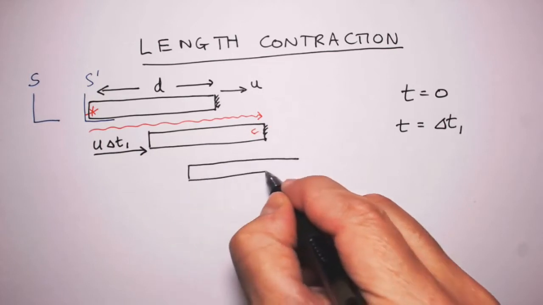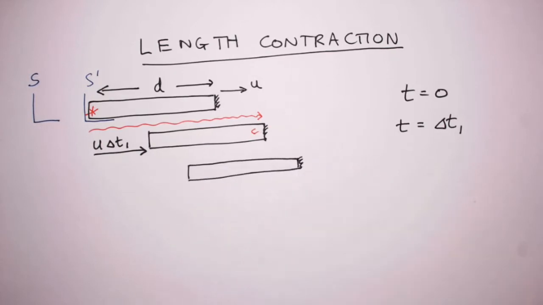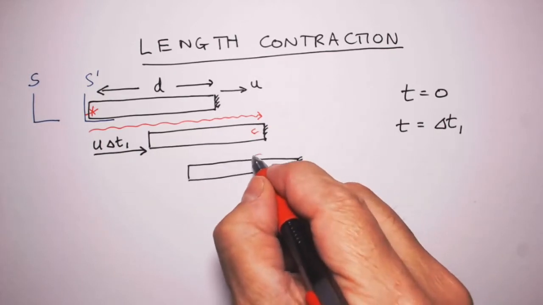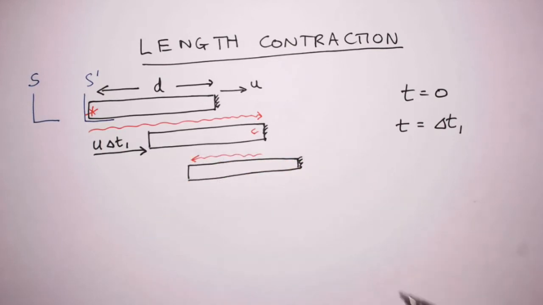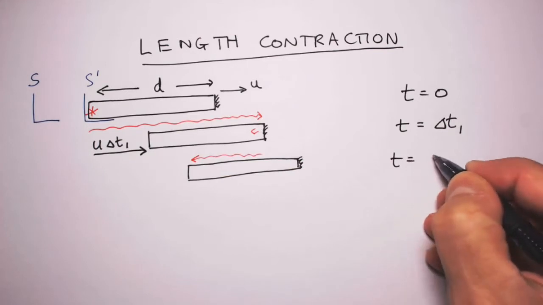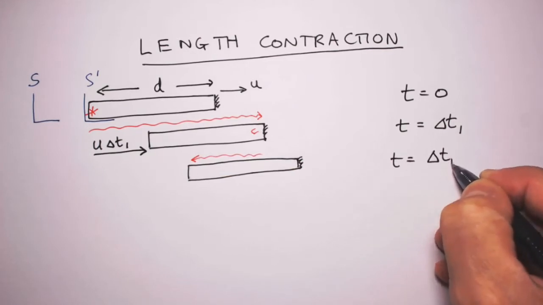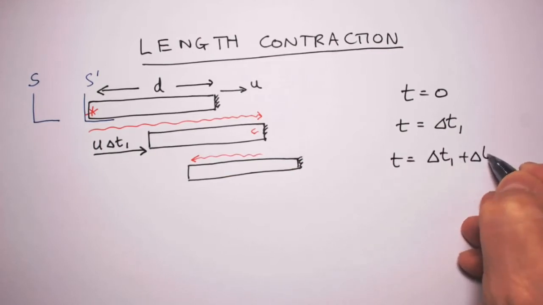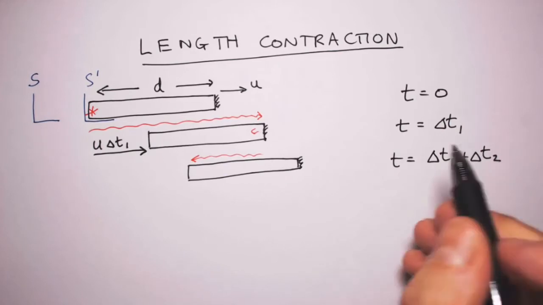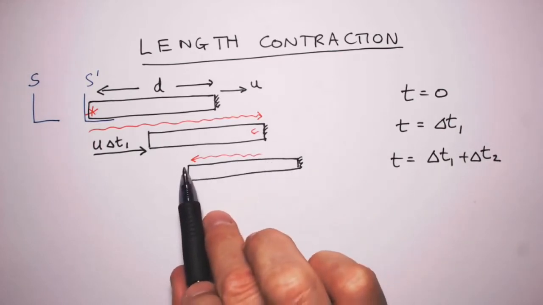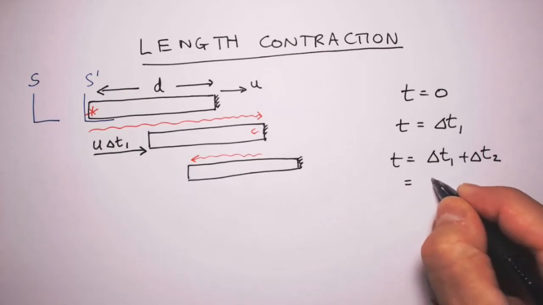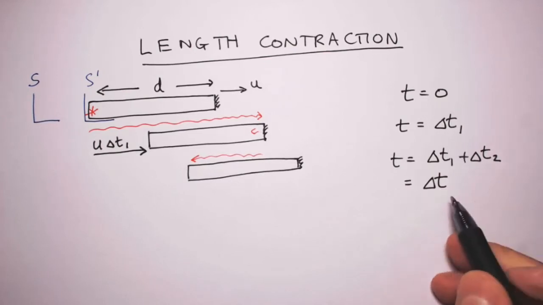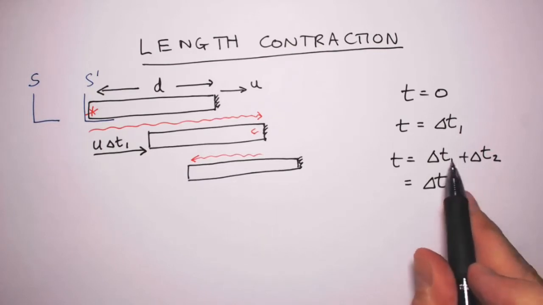And so a certain time later, the light signal has traveled back to the receiver. And this is at a later time, so the time has already got to delta t1, and delta t2 is the time interval now for the light to go from the mirror to the receiver. We want to find the total time delta t, which is the sum of delta t1 and delta t2, which are not necessarily the same.